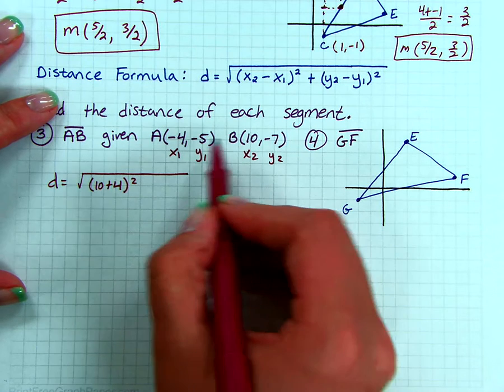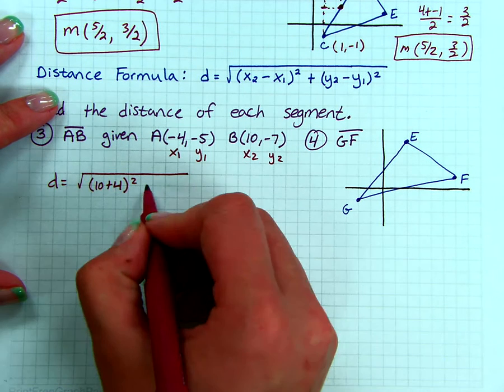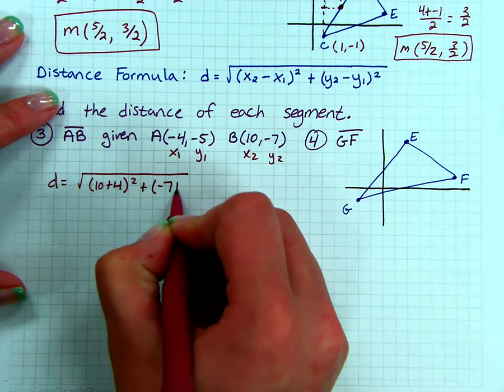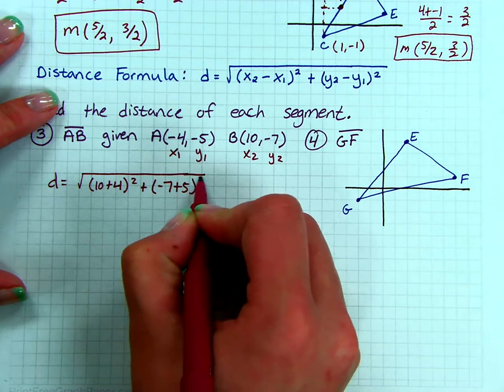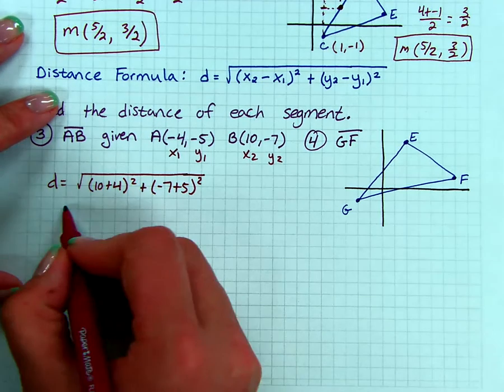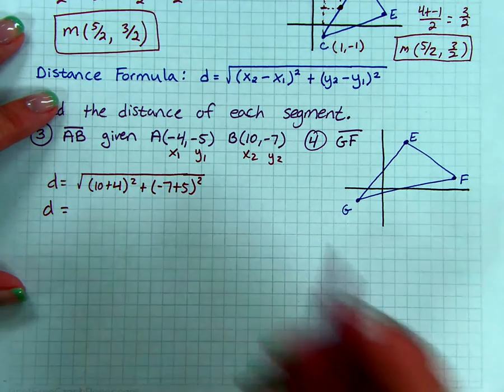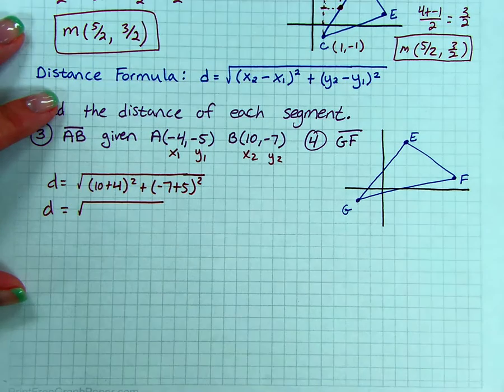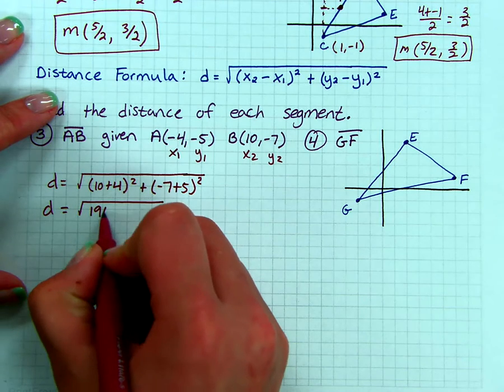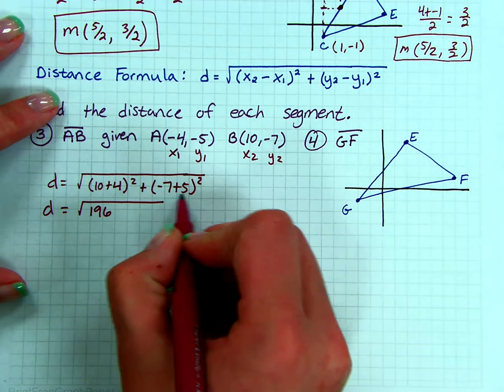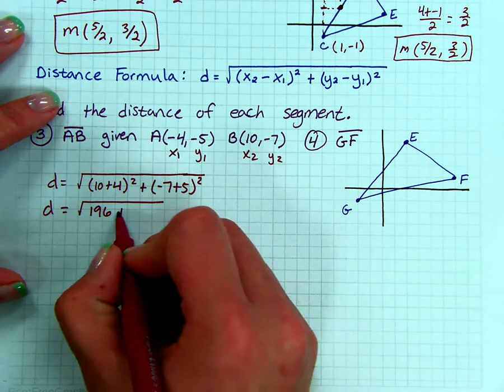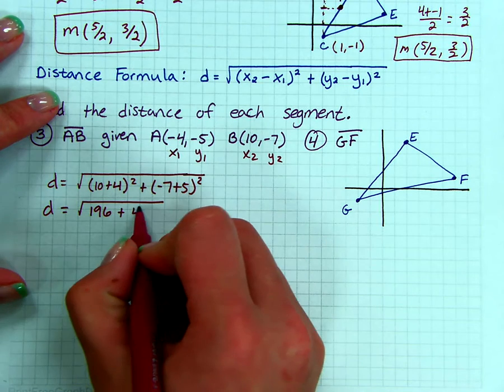And then -7 minus -5, so that's going to be -7 plus 5 since we're subtracting a negative, squared. Then we simplify as much as we can. That will be 14, and if we square it right away, 14 squared is 196. -7 plus 5 is -2, and -2 squared will be 4.